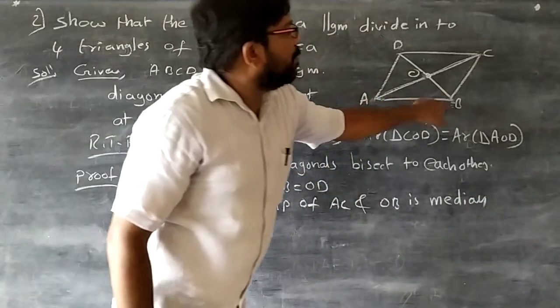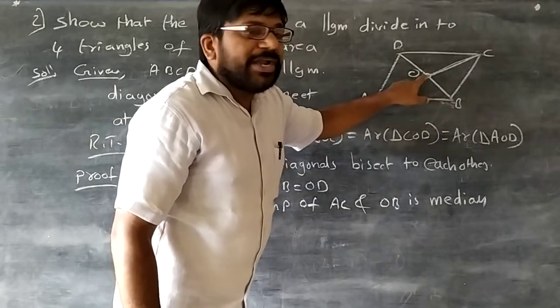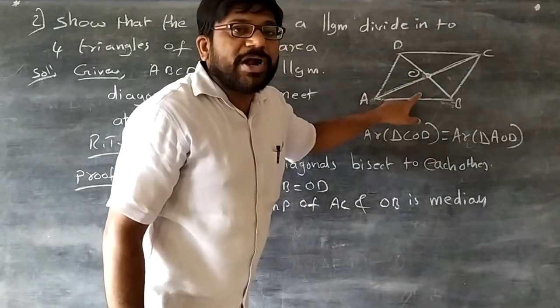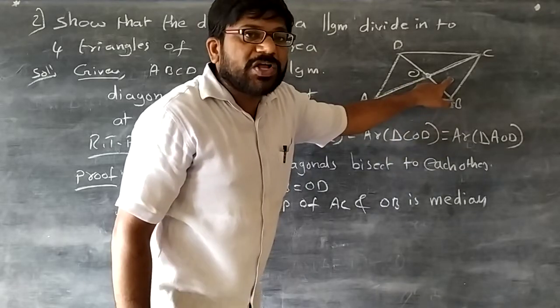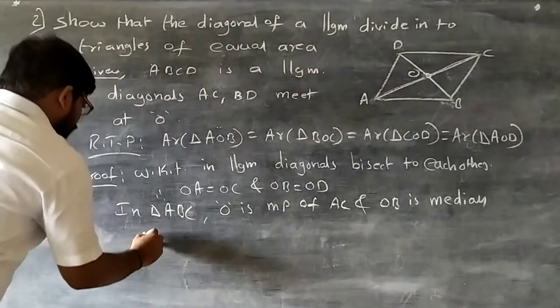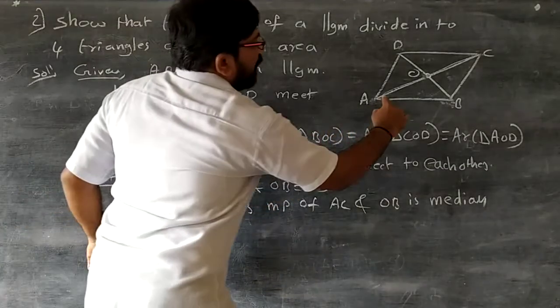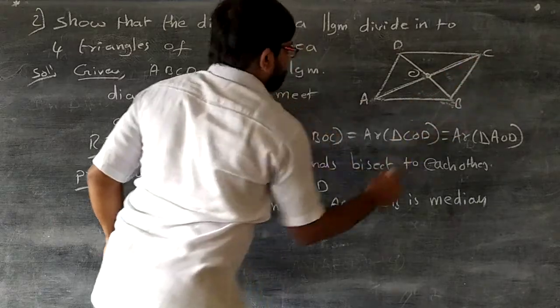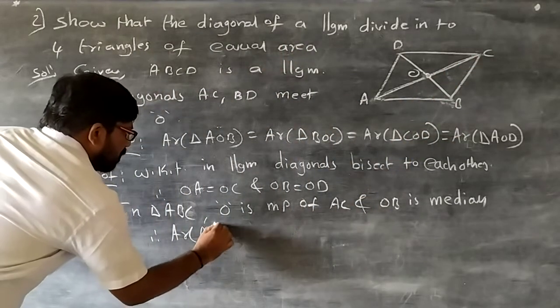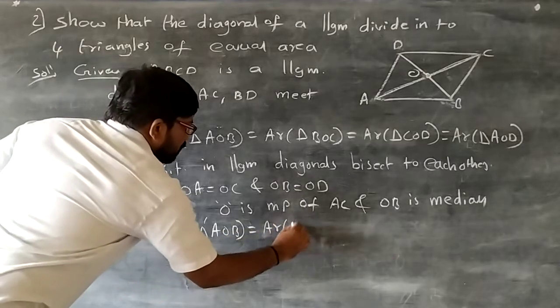In triangle ABC, OB median divides this triangle into two parts which are of equal area. These two are equal, right? So therefore, area of triangle AOB is equal to area of triangle BOC. Right?